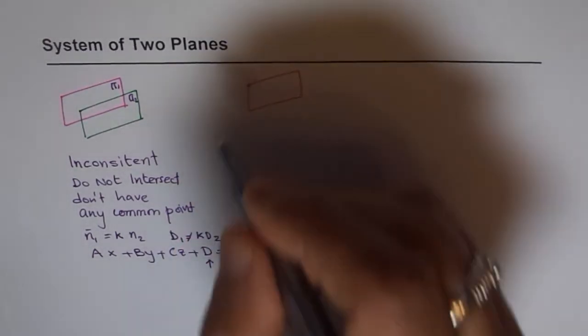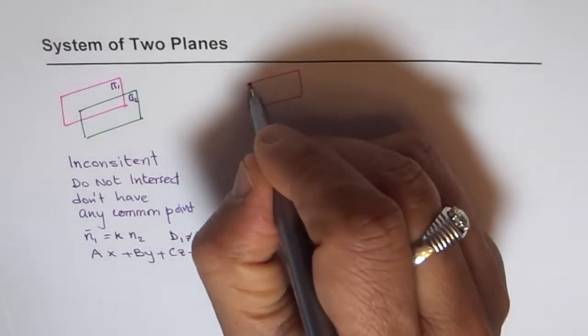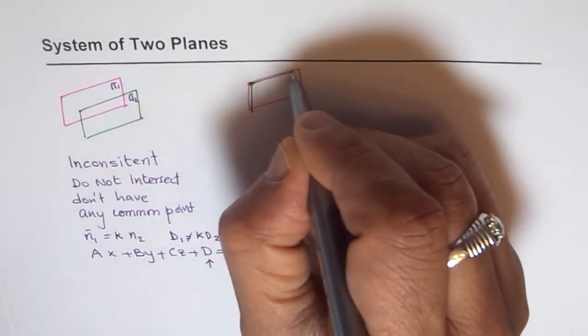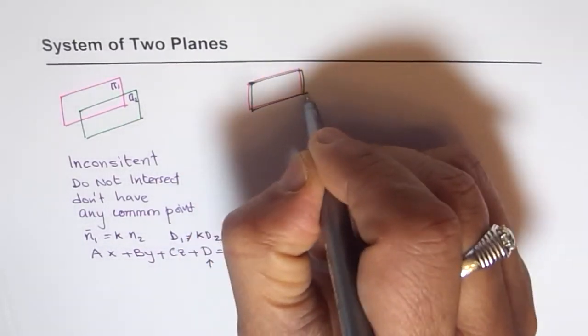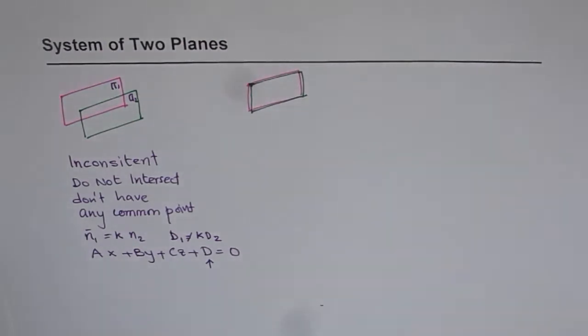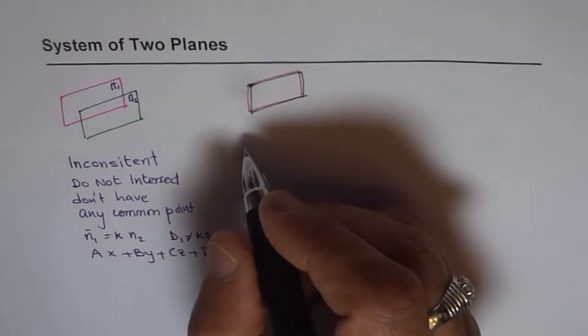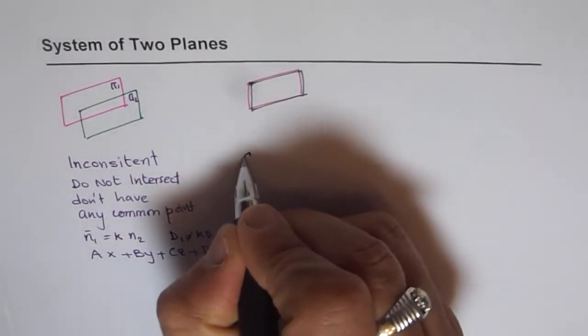So in that case the two planes will be, let me draw like this, showing you overlapping planes. Okay, so these are overlapping planes. So if they are overlapping, then they intersect at all the points. In that case the system is consistent.